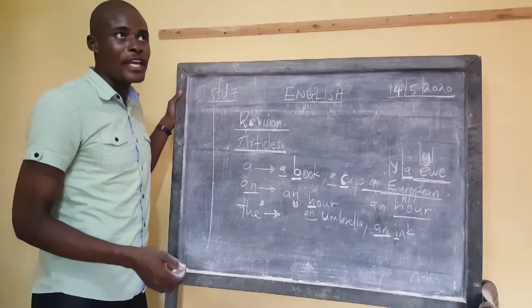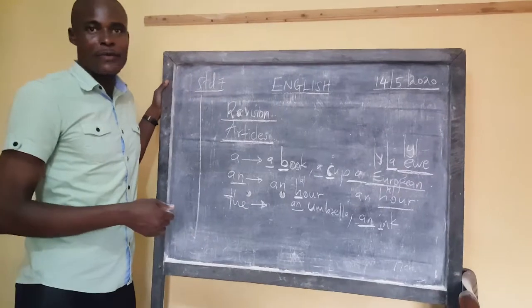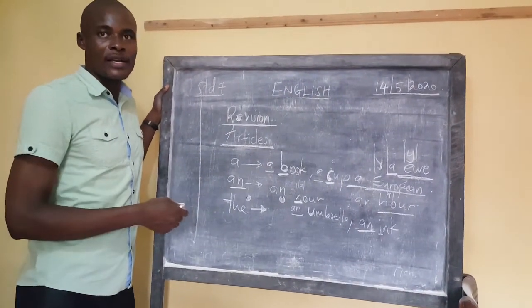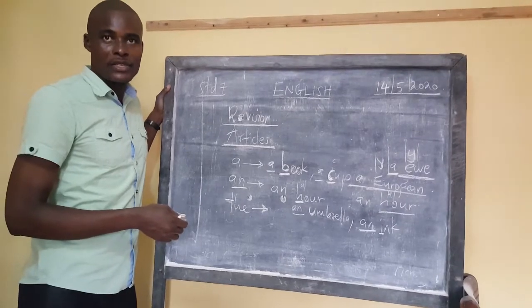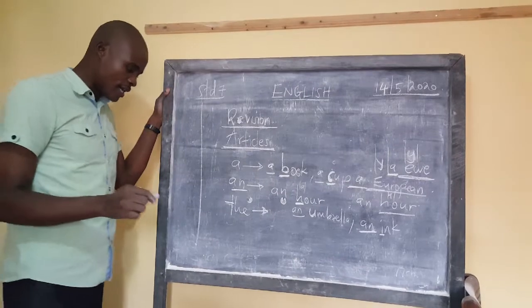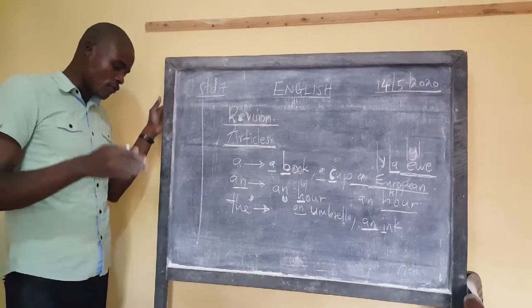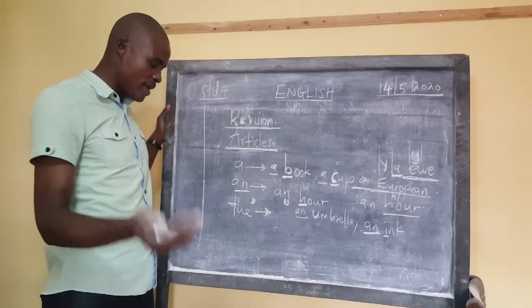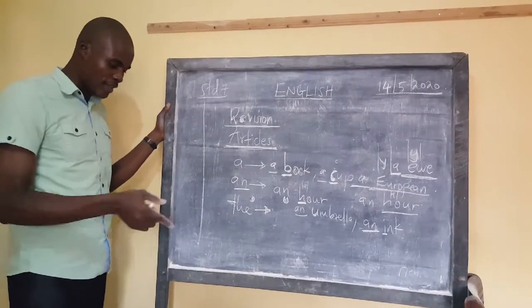We are allowed to say even the taller. Jane is the taller of the twins. So we are allowed to use that under superlative degree. Talk of superlative degree, that is the tallest, the best, the worst. We are allowed to use it there.